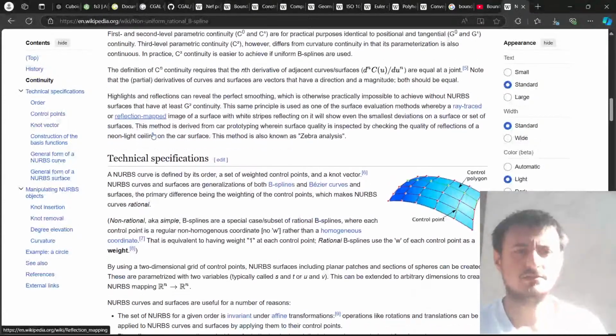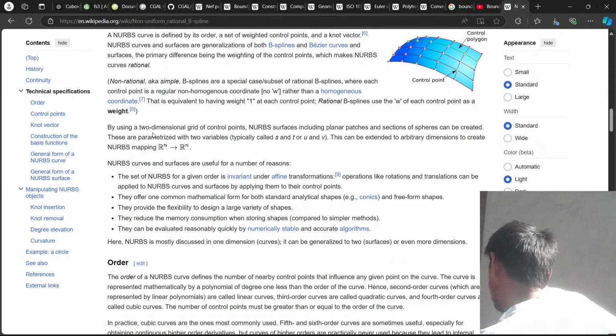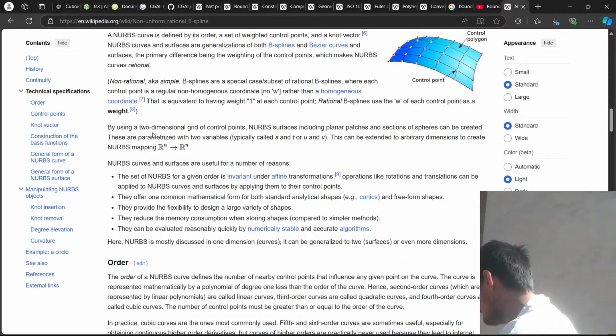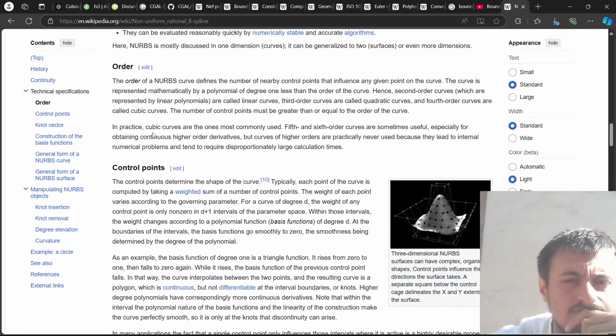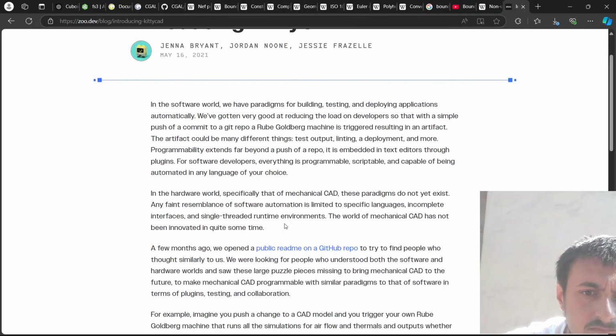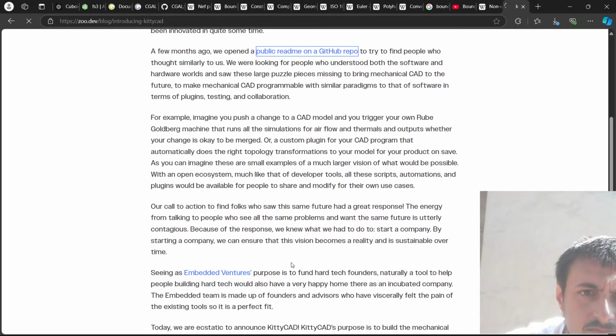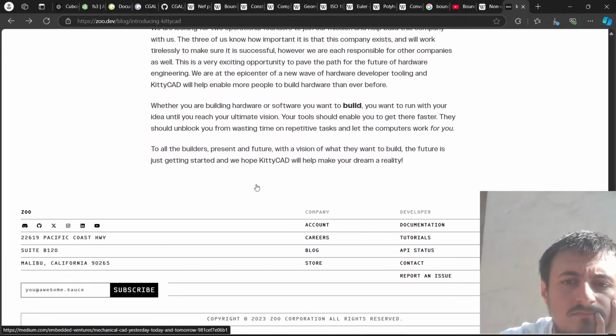Wow, this is a long article, right? Oh, I never read this. Wait, but don't they?